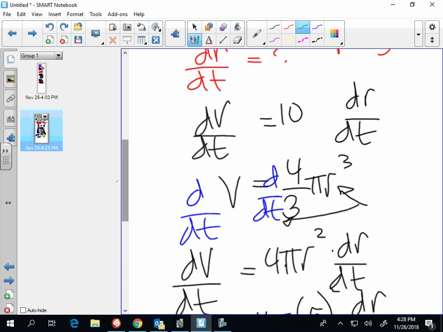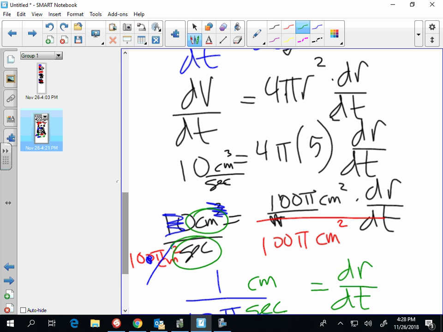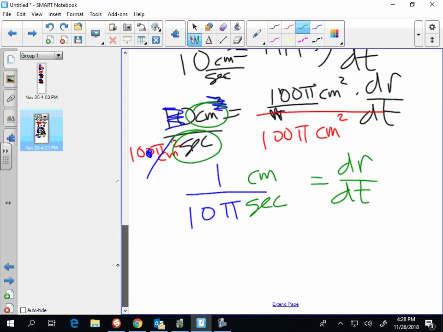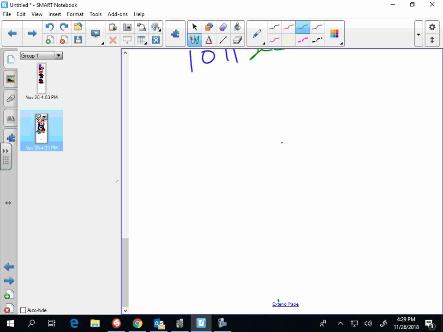We take the derivative of both sides with respect to time, and we end up with this equation. Then we plug in the given radius and the given dV/dt, 10 centimeters cubed per second, and solve for dr/dt. So in some ways, I think these problems are easier than optimization problems, especially if I can identify the equation that connects the two variables. Okay, 6.